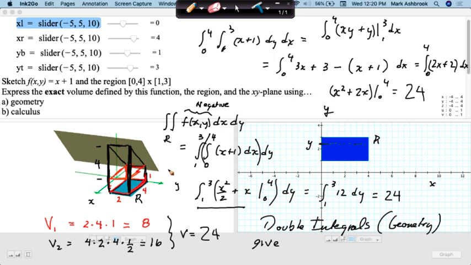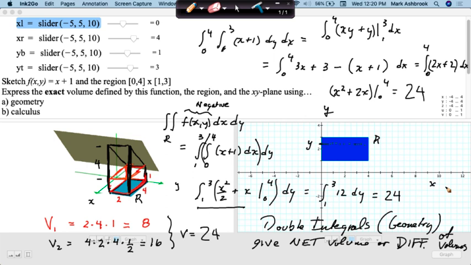Then what is it really giving us? Net volume, or difference of volumes. That means the same thing.